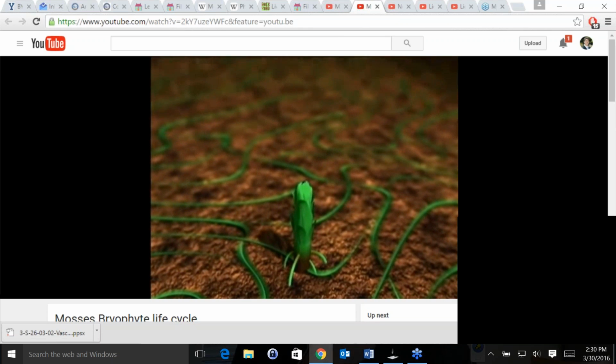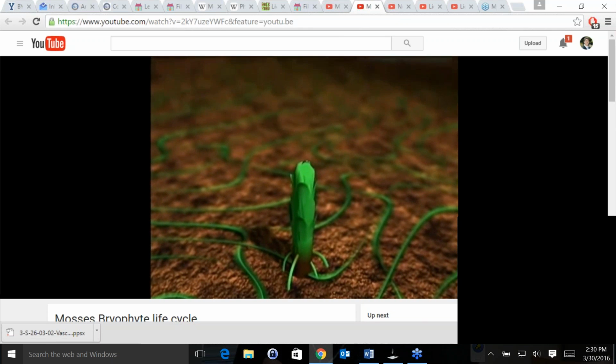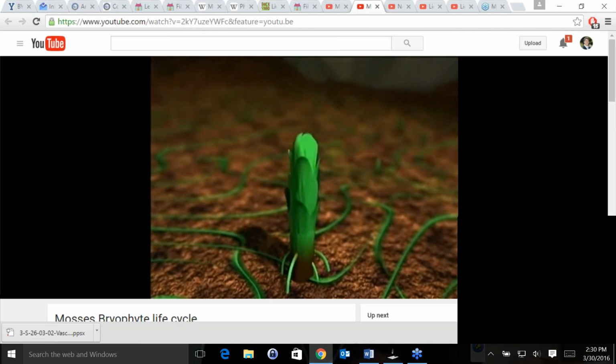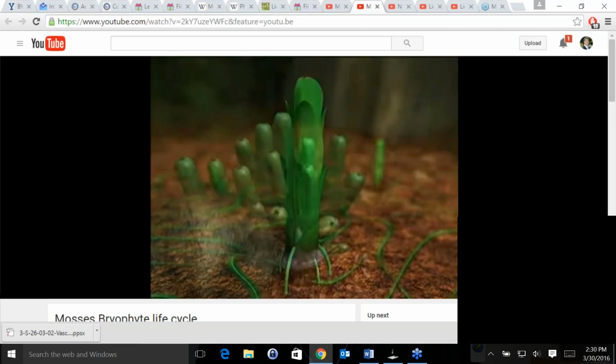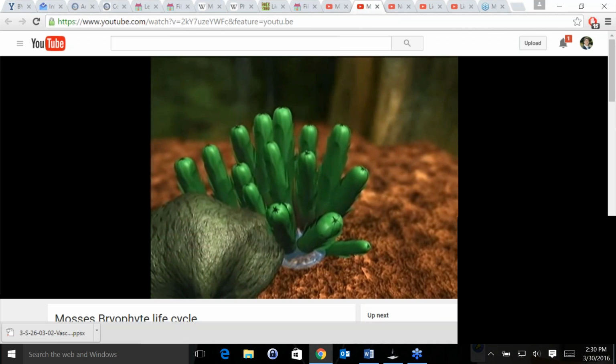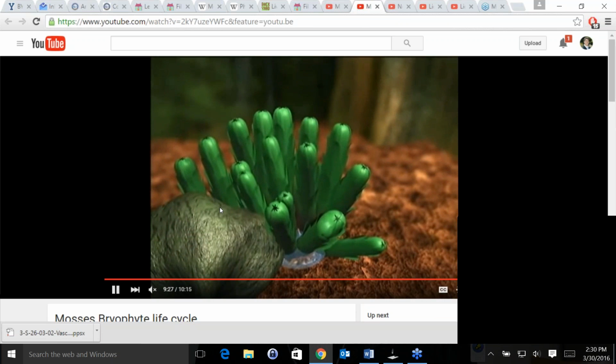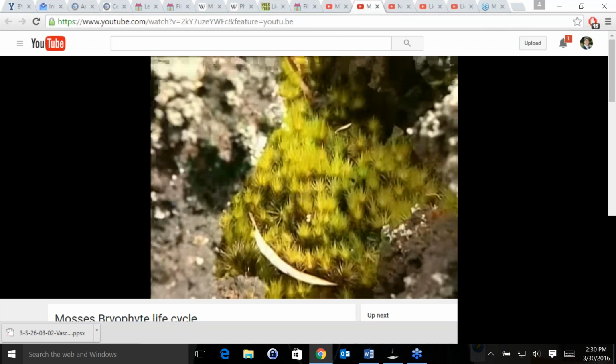Okay, so you can see this is a quote unquote simple plant, okay? Nothing very simple about the reproduction cycle of the moss.